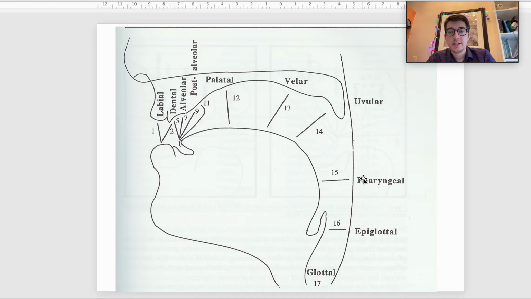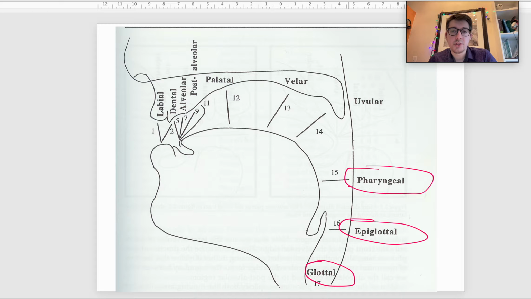Obviously, no nasal sounds, because I'm going to draw again, so be aware of that. If you make a glottal stop somewhere here, you make an epiglottal stop somewhere here, you make a pharyngeal stop here, or there are no pharyngeal stops, but in theory there are.